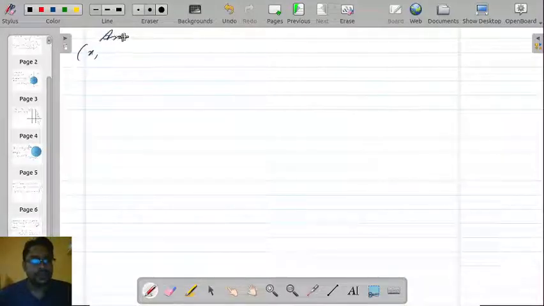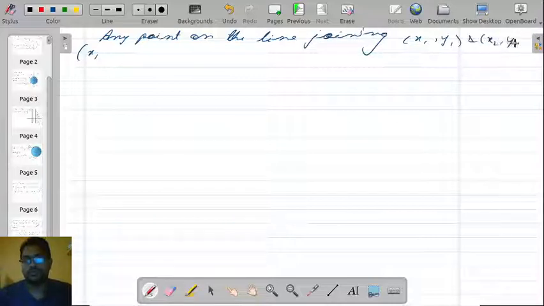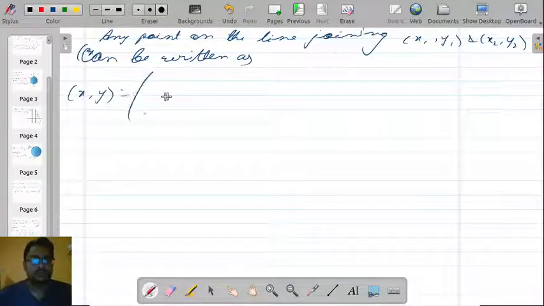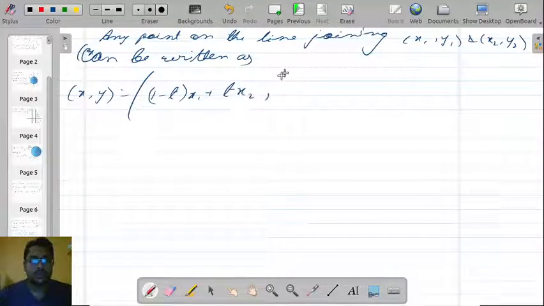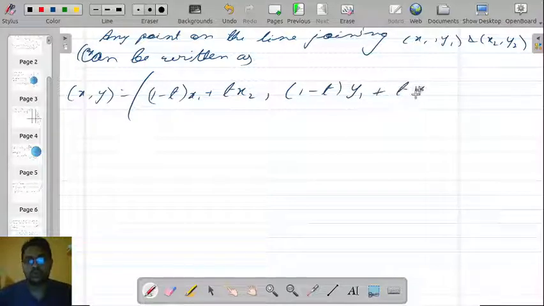Any point on the line joining (x1, y1) and (x2, y2) can be written as (x, y) equal to ((1 minus t) into x1 plus t x2, and this one will be (1 minus t) into y1 plus t y2).